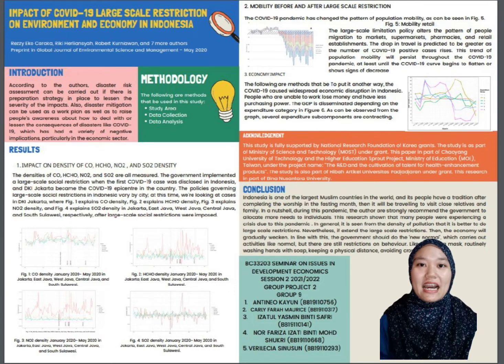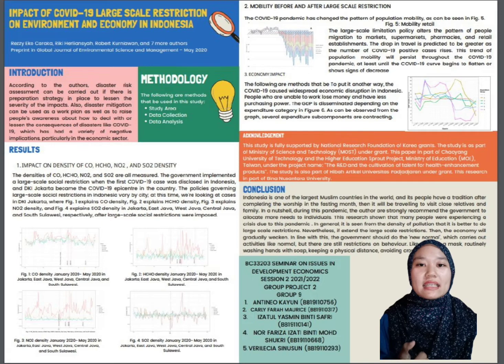I'm Nurfariza Izzati. I will continue the part of the results for the first point, which is the impact on the density of CO, HCHO, NO2 and SO2. The government implemented a large-scale social restriction when the first COVID-19 case was disclosed in Indonesia, and DKI Jakarta became the COVID-19 epicenter in the country.